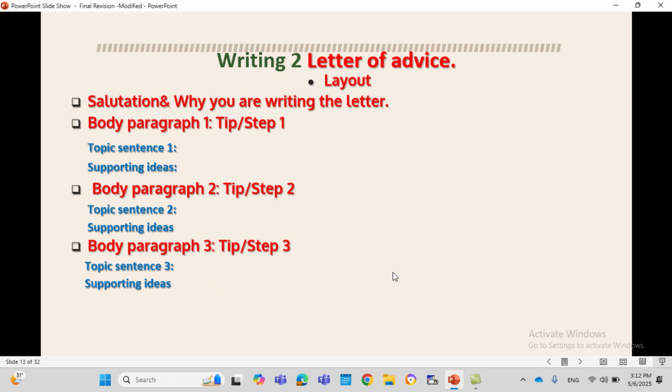The third paragraph contains the third step or the third advice. Here you provide your topic sentence, then supporting ideas for your advice. Conclusion: you end your composition with closing tips and reassuring phrases.